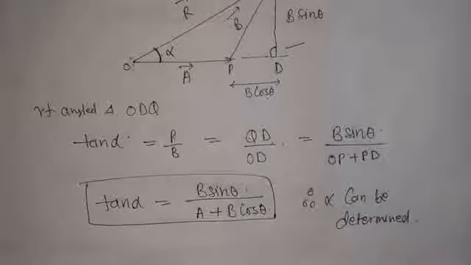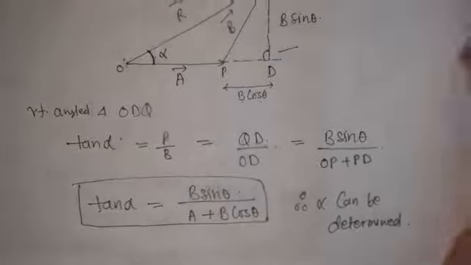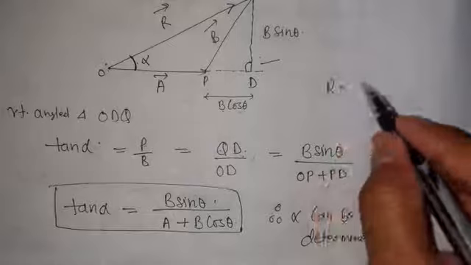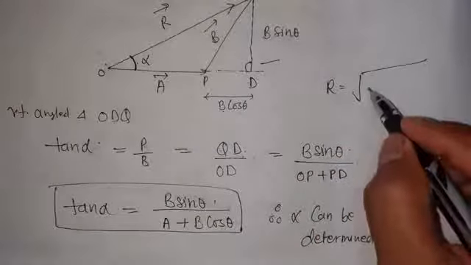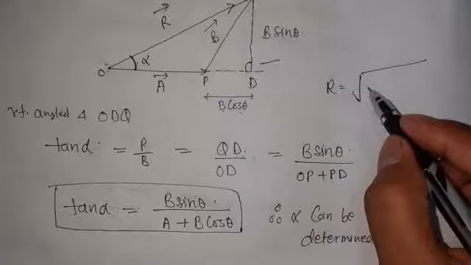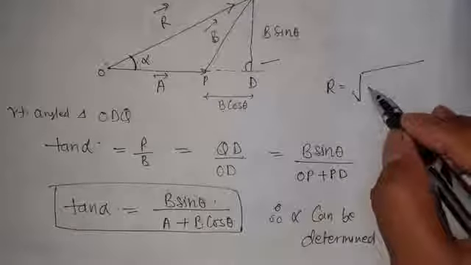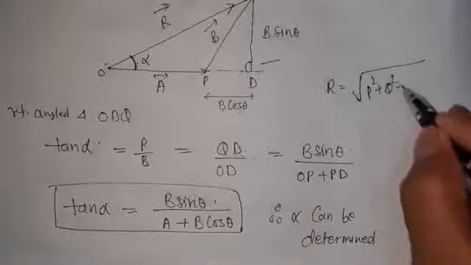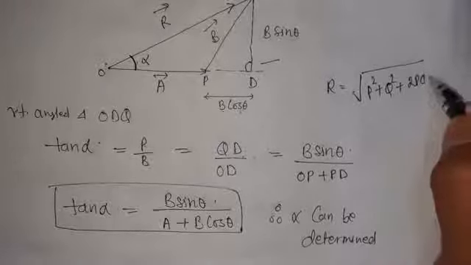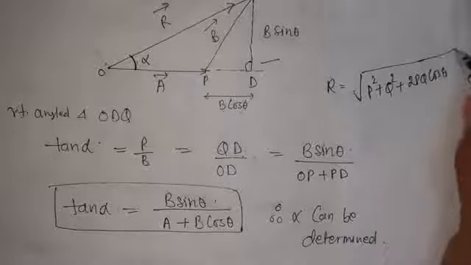Okay, so thus we come to know over here, with the help of this triangle law of vector addition, how to find out the resultant vector. Its magnitude is given by R equals under root of, suppose I have the two vectors P and Q, then my resultant will be written as P square plus Q square plus double of PQ cos of the angle between them.